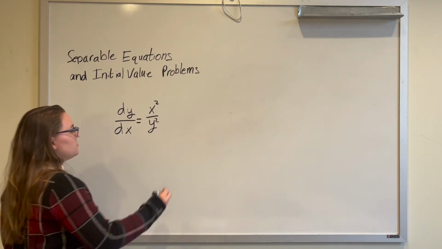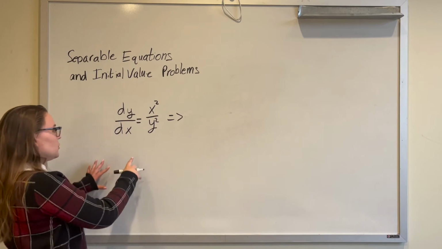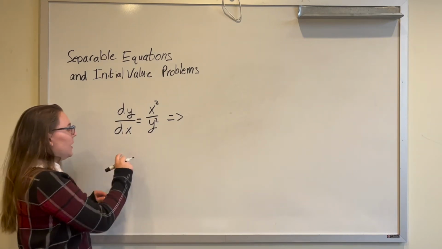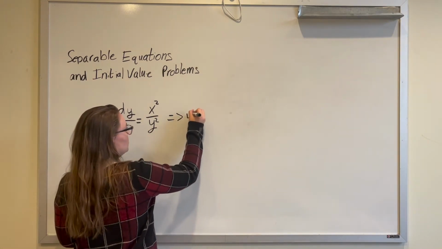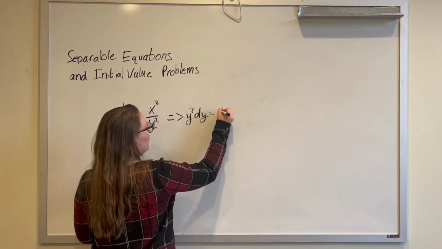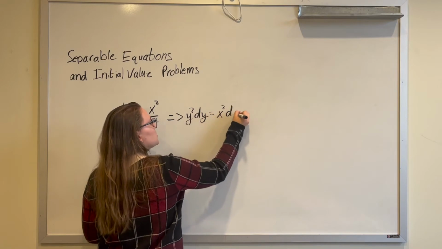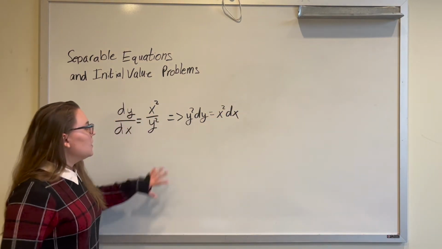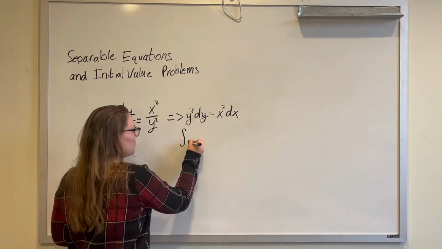So for example, for this problem, we multiply by y squared and we multiply by dx to get y squared dy is equal to x squared dx. And then we can integrate either side.